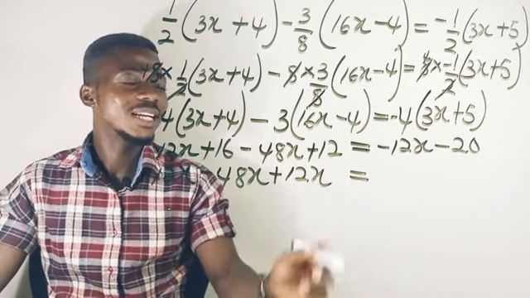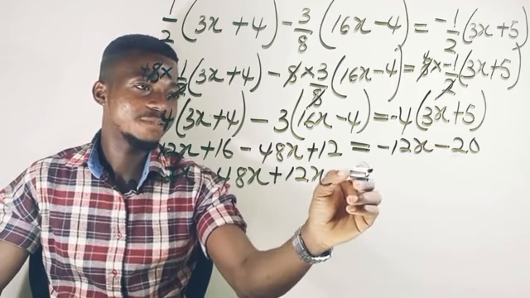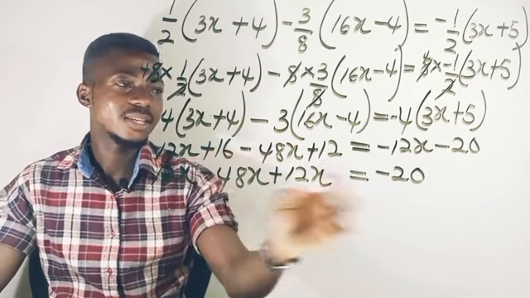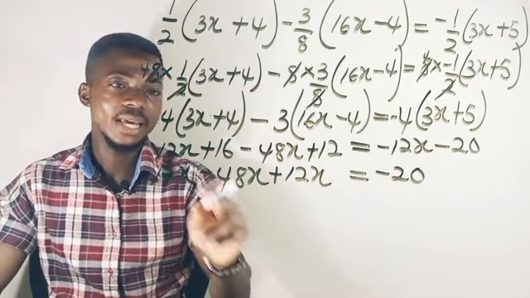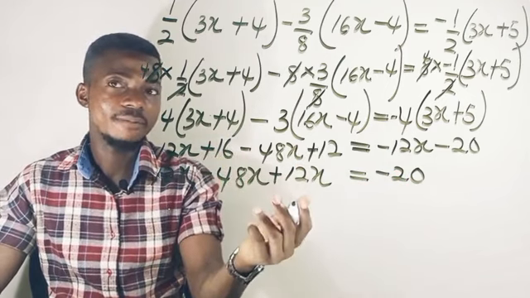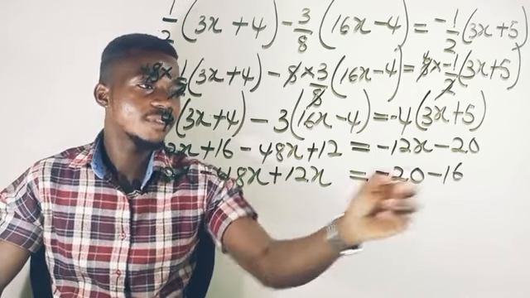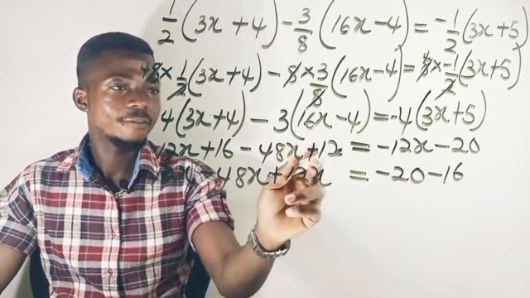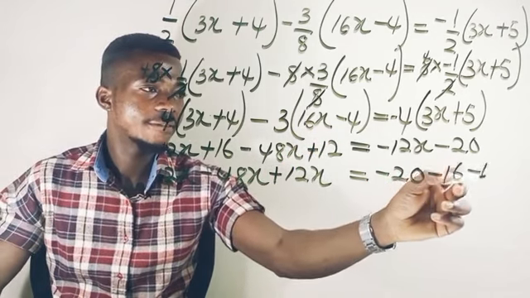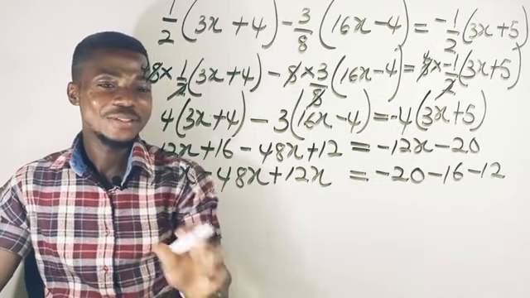Equal to, yes, now this one is no more there, okay? What you have here is this, negative 20. Let's come and check this place if we can get some of the family members, and we'll go and put them there. This one is 16, so plus 16, right? Yes, it hasn't got any variable, so we'll move it to the other side. So plus 16, when it comes here, it's going to be negative 16, okay? Then we have plus 12 here. When that one crosses the equal sign, it's going to be negative 12, all right? Yes, we're making progress, yeah? So now let's put them together.